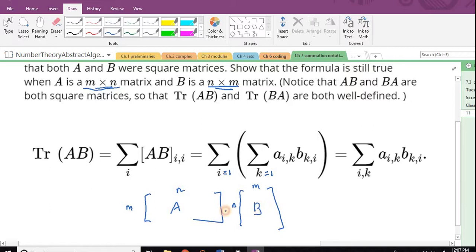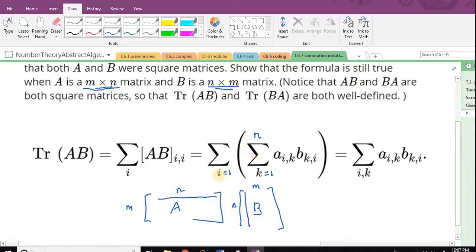Now, when you take the matrix product, you take the rows of A, inner product with the columns of B. And since there are n entries in each row of A and n entries in each column of B, what Trey said, I think it was Trey anyway, was correct, that this is a sum up to n here. That's a sum up to n.